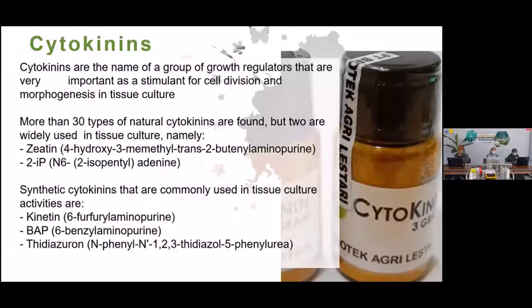Okay. Here is cytokinin. Cytokinins are the name of growth regulators that are very important as a stimulant for cell division and morphogenesis in tissue culture. There are more than 30 types of natural cytokinins, but two are widely used in tissue culture: zeatin and 2-iP. Synthetic cytokinins are kinetin, BAP, and BEP, and thidiazuron.